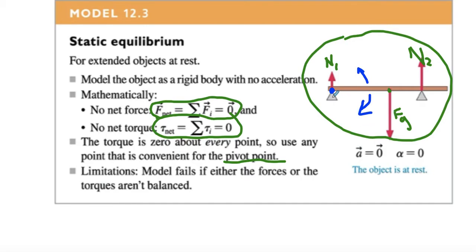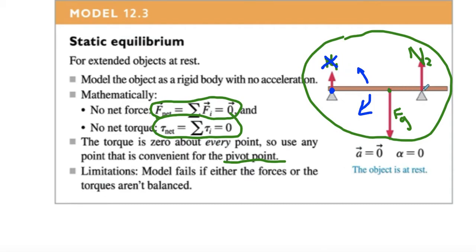In the forces, you're only looking at the upward, downward, or side-to-side forces. In torques, you're looking at the rotation about this pivot point. The normal force from point 1 is not affecting the rotation at all, so you ignore that in terms of torque.